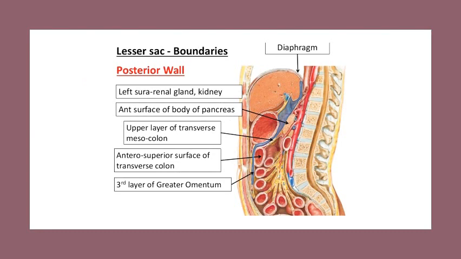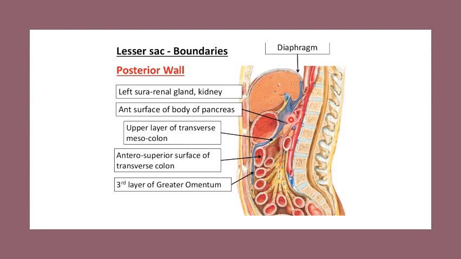Next, the posterior wall of lesser sac, this time going from below upwards. We stopped at the second layer of greater omentum for the anterior wall, so the posterior wall starting point is the third layer of greater omentum. Next, anterior superior surface of transverse colon. Next, upper layer of transverse mesocolon.